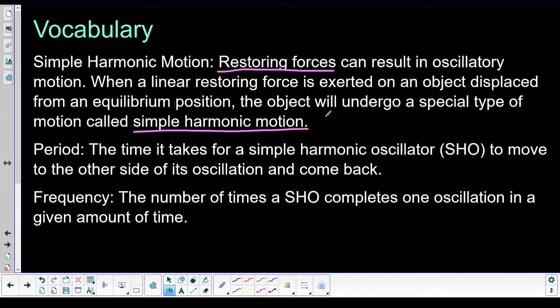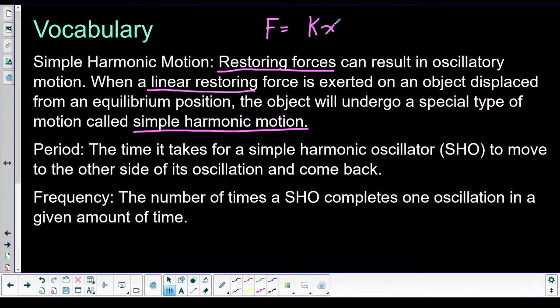So basically, there's a few important words here. We need a linear restoring force, meaning the force needs to equal some constant times however far it is from the equilibrium position, right?